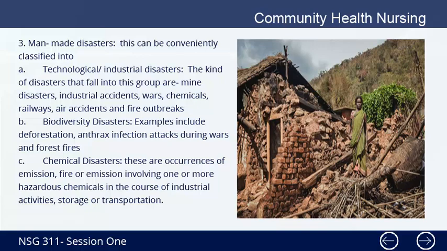Biodiversity disasters. Examples include deforestation, anthrax, infection attacks during wars and forest fires. c. Chemical disasters. These are occurrences of emission, fire, or explosion involving one or more hazardous chemicals in the course of industrial activities, storage, or transportation.